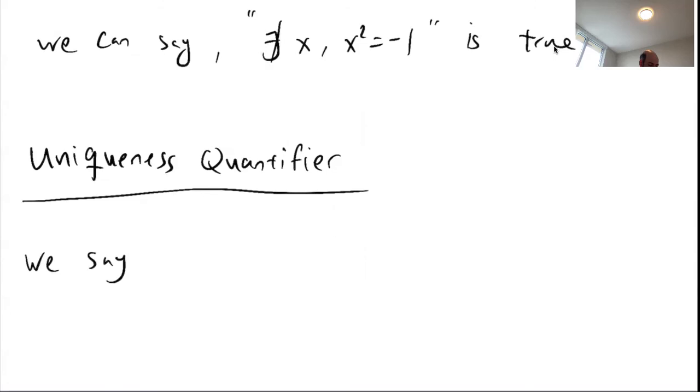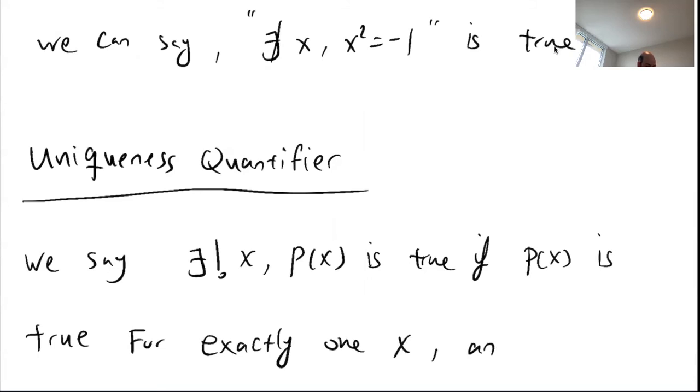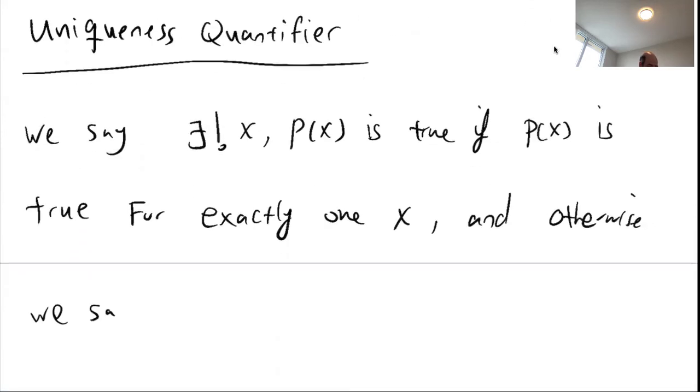We say there exists unique x with p of x is true if p of x is true for exactly one x, and otherwise we say there exists unique x with p of x is false.